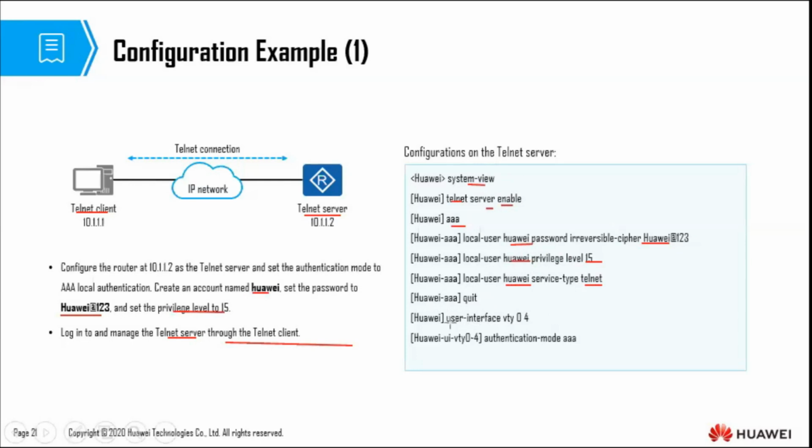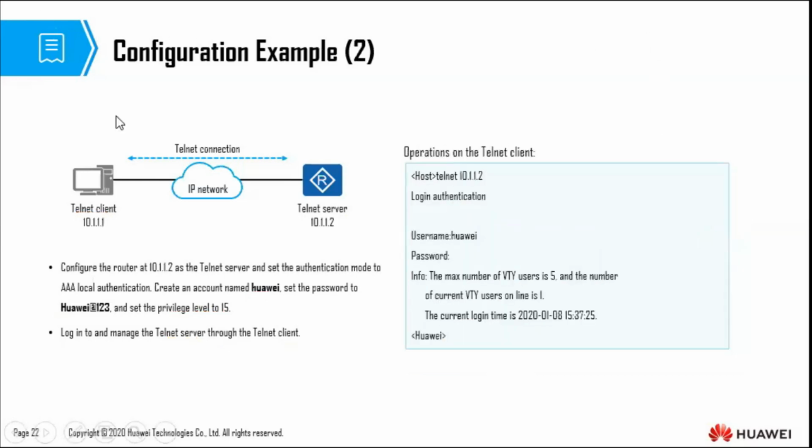Then after that, we can create the VTY interfaces 0 to 4. Then we choose the authentication mode as AAA. Once we've chosen that authentication mode, we don't need to set the password because when we created the user, we defined the password.